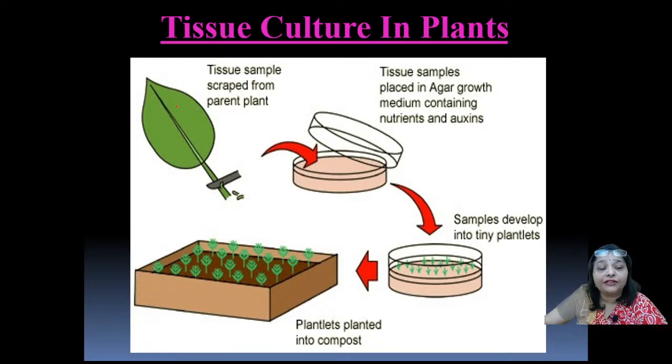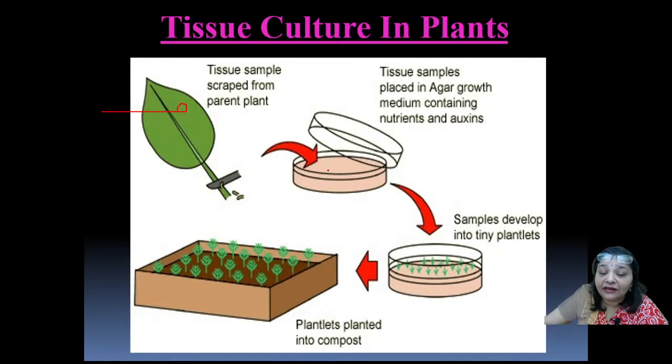When a small tissue sample of the leaf is taken, scraped, just a small bit of the tissue of this leaf, it is inoculated, introduced into the agar medium. So these tissue samples, either one or a few, are placed, slightly embedded in the agar growth medium, the agar nutrient medium.